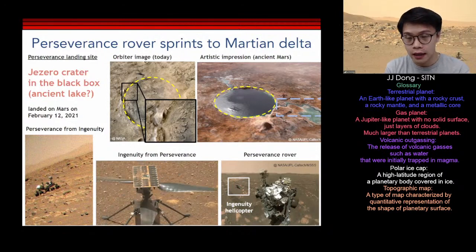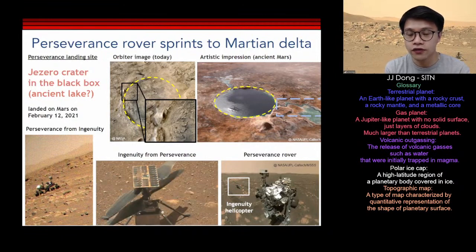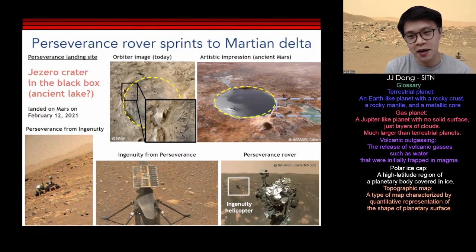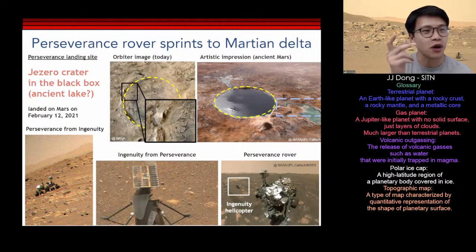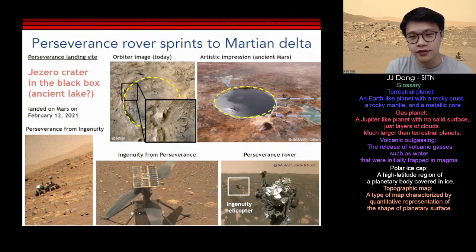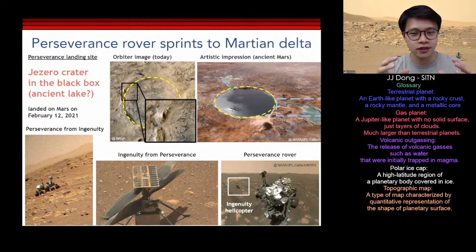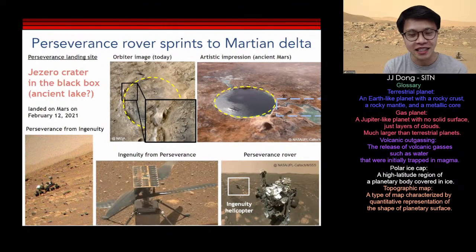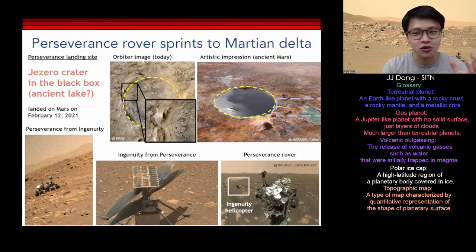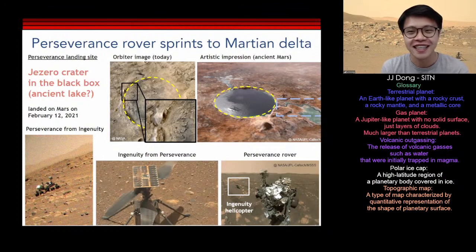In the middle part of the lower panel, we see a photo of this Martian helicopter taken by the camera the rover took with it, and the blades of the helicopter are still moving as it's about to take off. On the left, we see a photo of the Perseverance rover taken by the camera carried by the helicopter. And it's kind of cute to see those two instruments taking photos of each other on the surface of Mars.